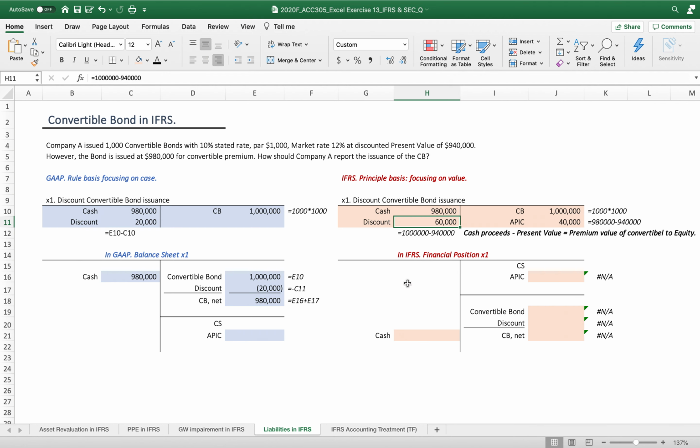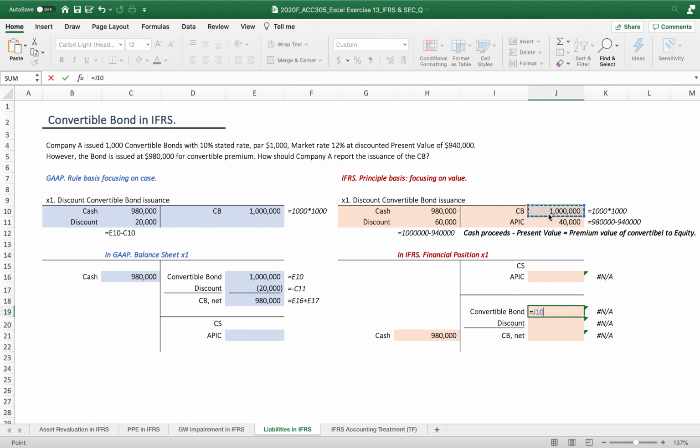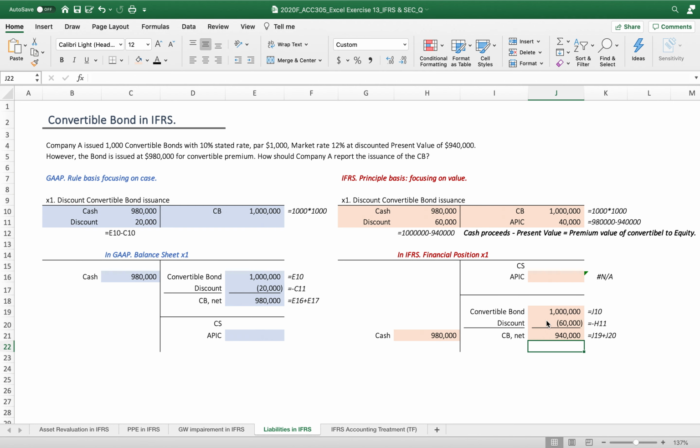So let's put this journal entry into the financial position under the IFRS. Cash 980, and then convertible bond 1,000,000, now minus $60,000 discount. So the book value of this convertible bond, the net amount, is different from GAAP, right?